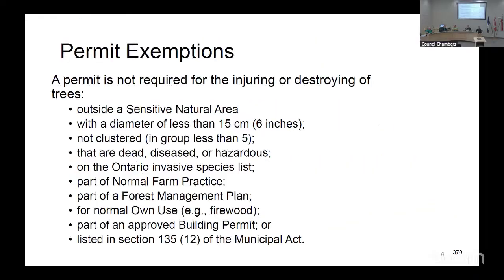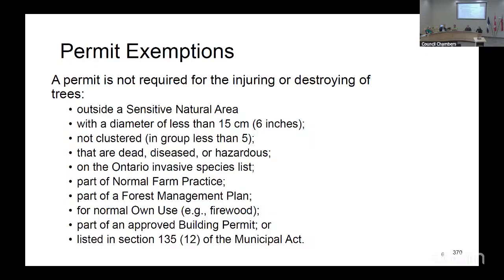Mark? So there are a number of exceptions that we've built into it, trying to promote the agricultural and rural lifestyle of the township. For clarity, a permit is not required for the cutting of trees outside the sensitive area. So if you're not in the green area, it doesn't apply to you. If the tree has a diameter of less than 15 centimeters, so small trees don't apply.